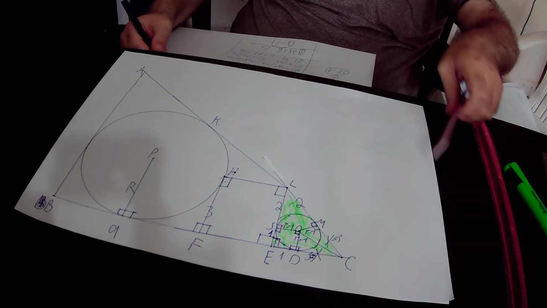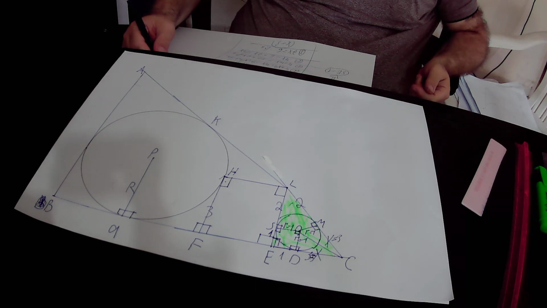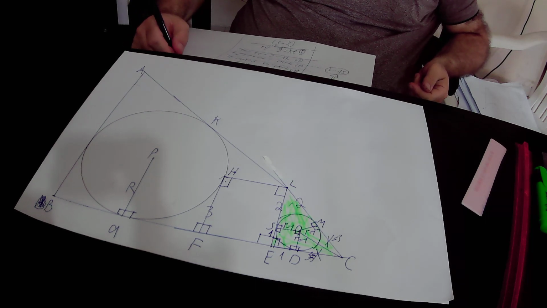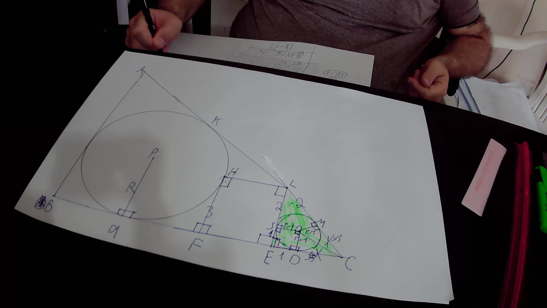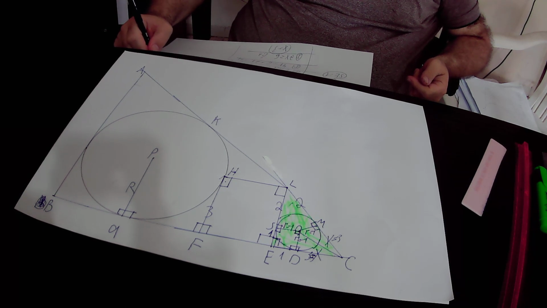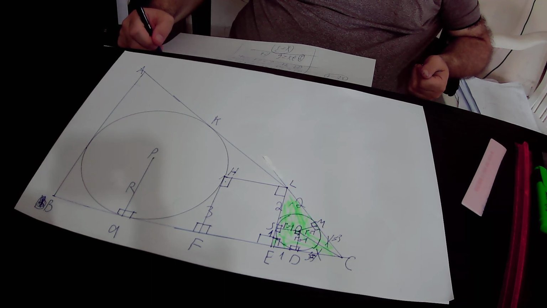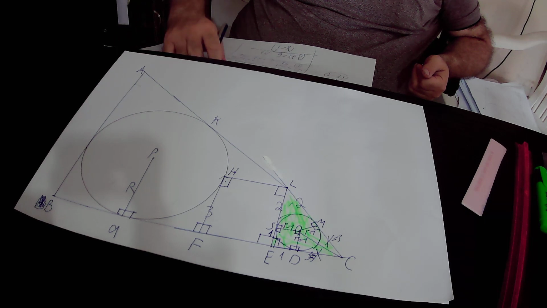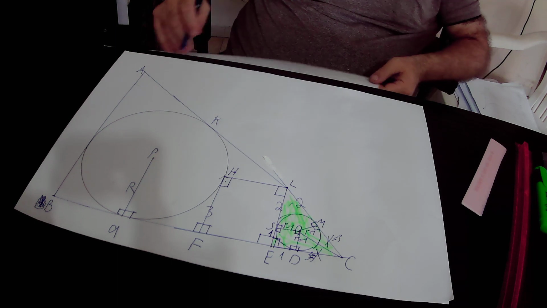So first of all, MO equals OD. They are both the radii of the small circle, therefore they are equal to each other. MO equals OD. They are both equal to R. It's the radii of the small circle. In addition, we have CM that is equal to CD.